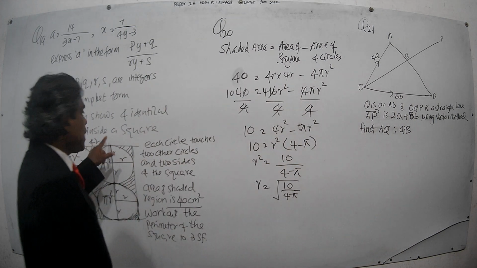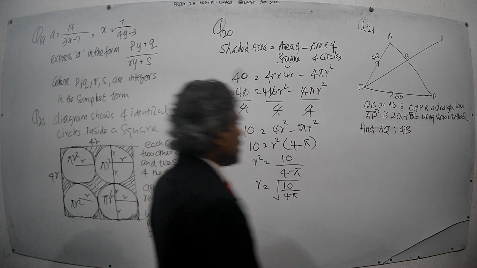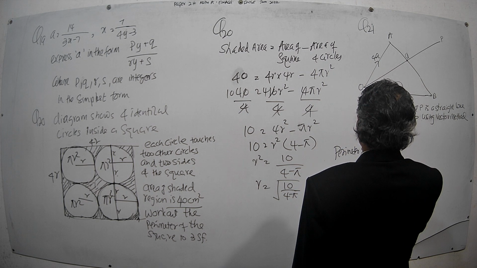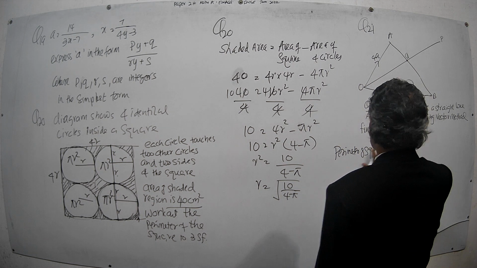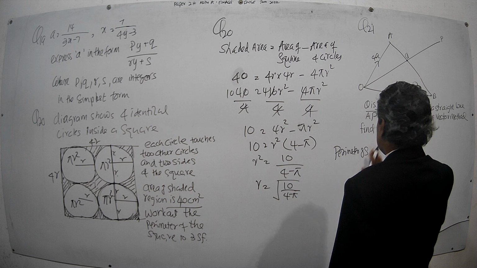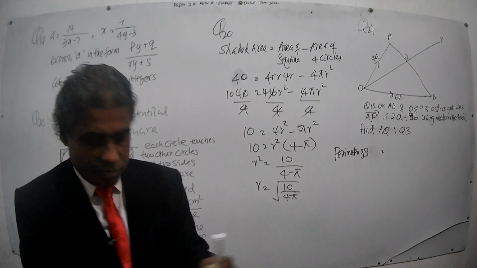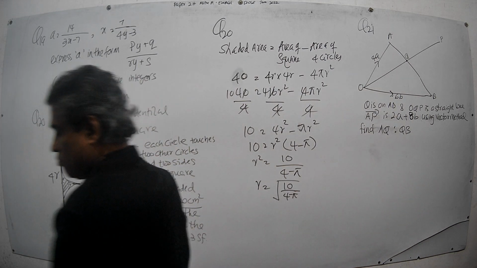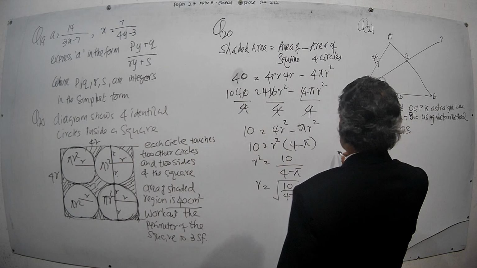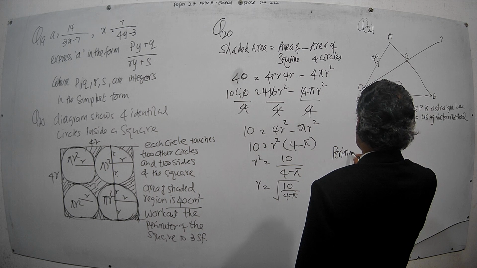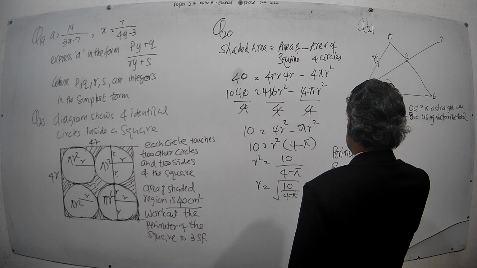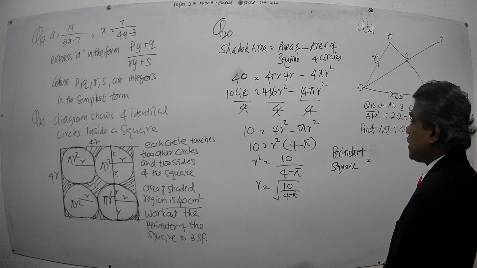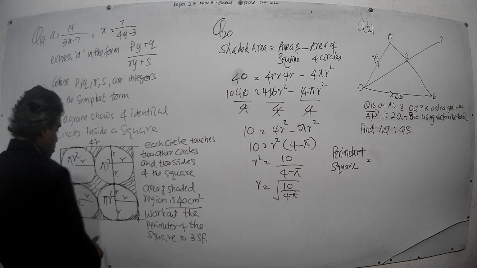Now, what is the perimeter of this? We have found the r. Then perimeter of square will be 4r, 4r, 4r, 4r.